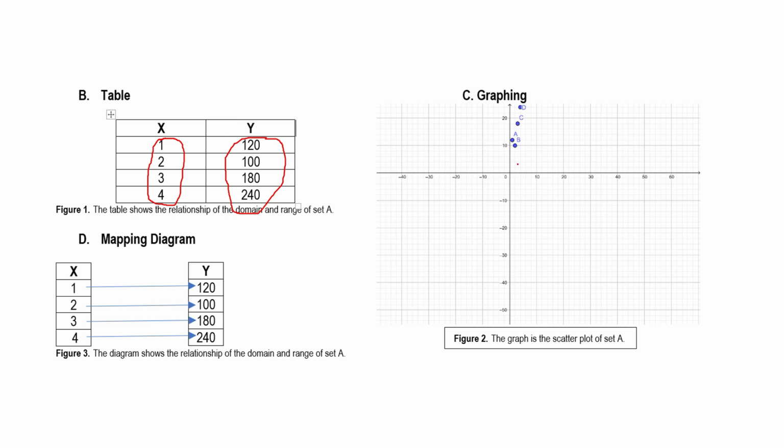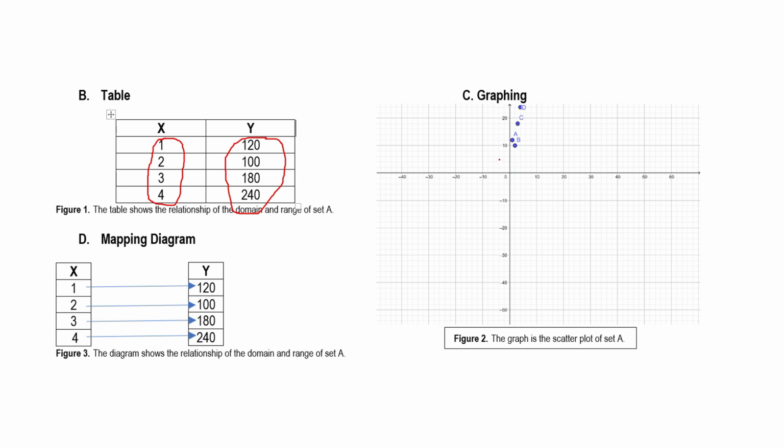As you can see, there are 4 points plotted: point A, point B, point C, point D. Point A is (1, 12), B is (2, 10), C is (3, 18), and D is (4, 24). So the first coordinates 1, 2, 3, and 4 are the domain.